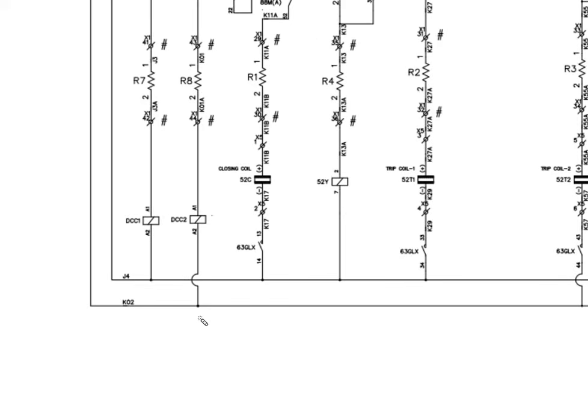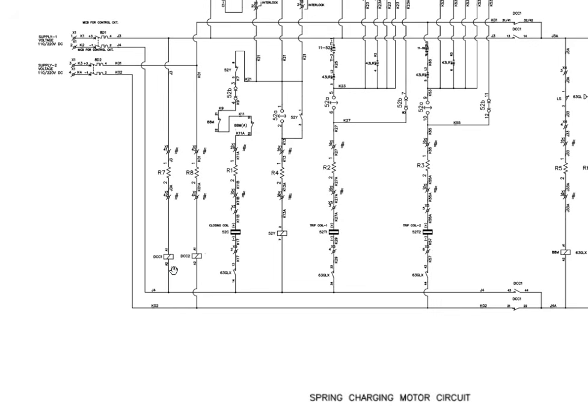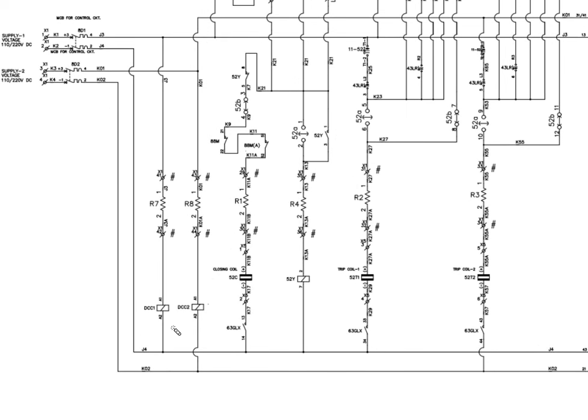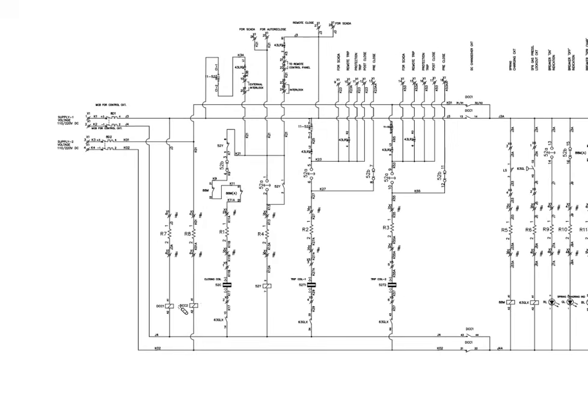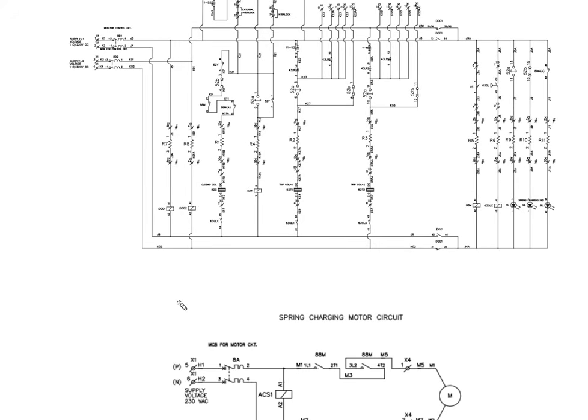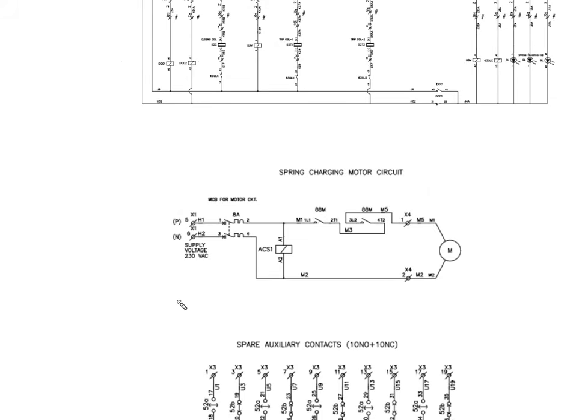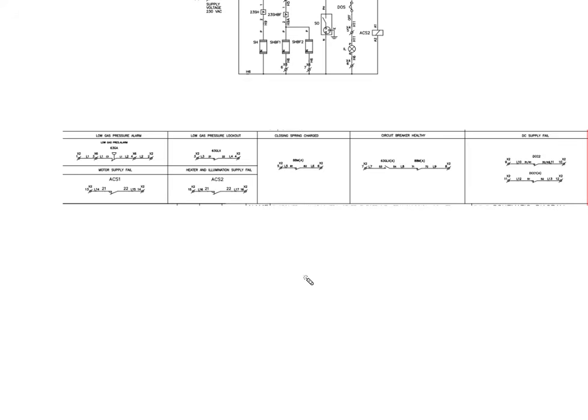DCC1, DCC2: these contactors check the DC supply of the breaker. So we need to wire it on a spare indication or spare annunciator, spare contacts, somewhere in the scheme, DCC1 and DCC2.